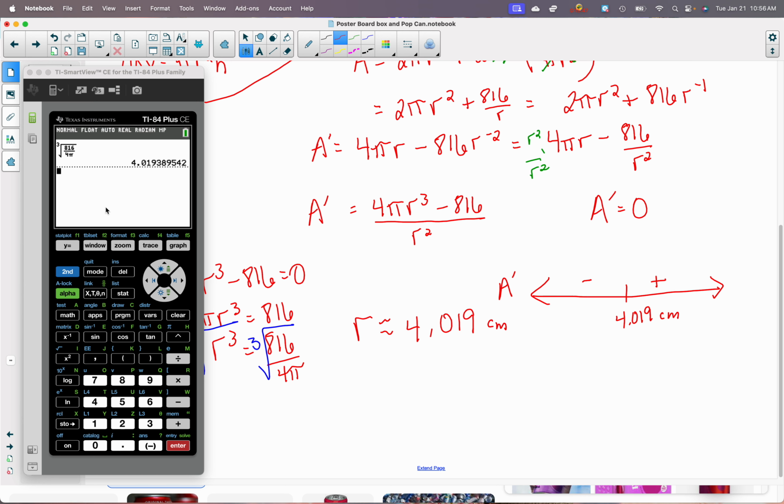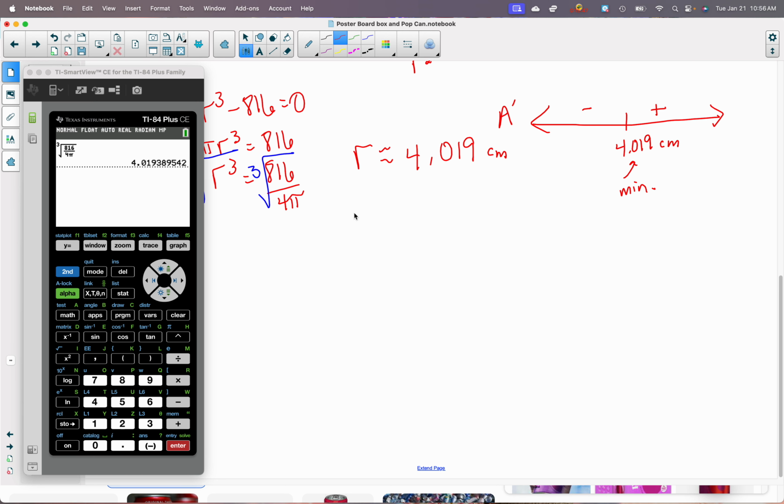So you could look at your graph, or you can just plug in a value less than or greater than that 4.019. So then when we look at this, because the derivative is changing from negative to positive, that means my function's going from decreasing to increasing, which means this is a minimum.